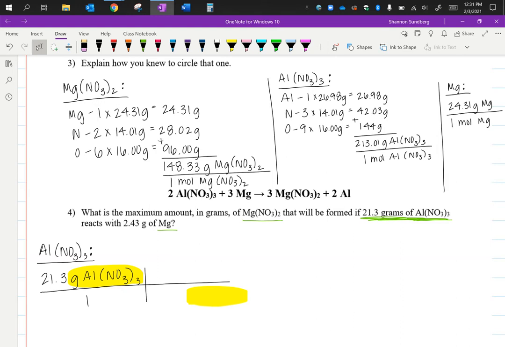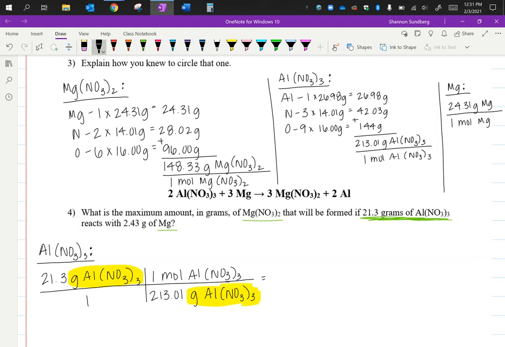Well, I need grams on the bottom, so I have to put 1 mole Al(NO3)3 in my numerator, and I have to put 213.01 grams Al(NO3)3 in my denominator. Okay, your units match, you're good to go.